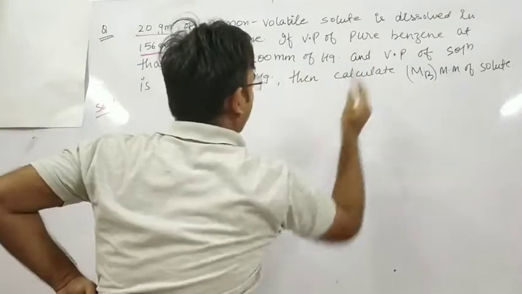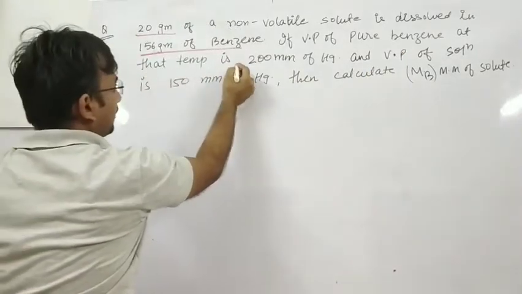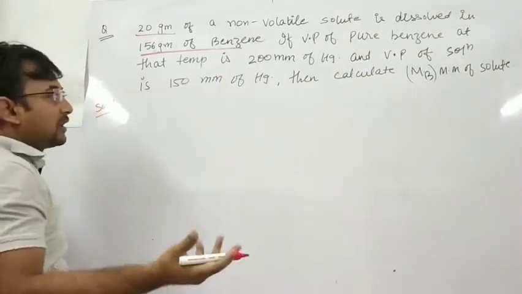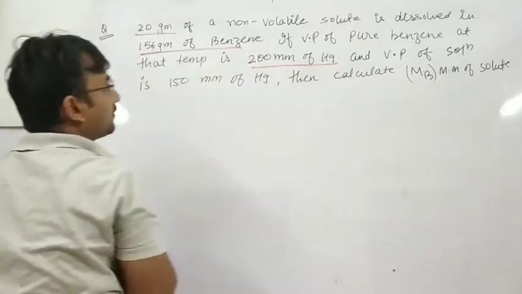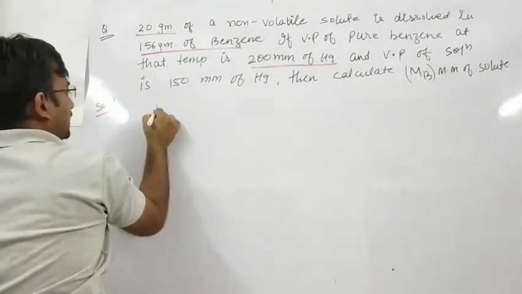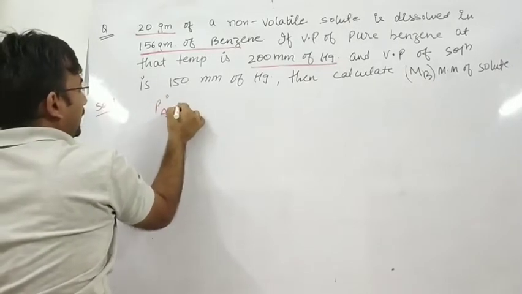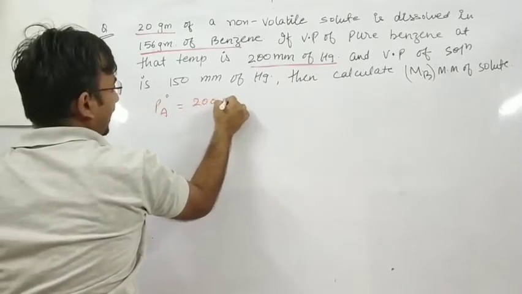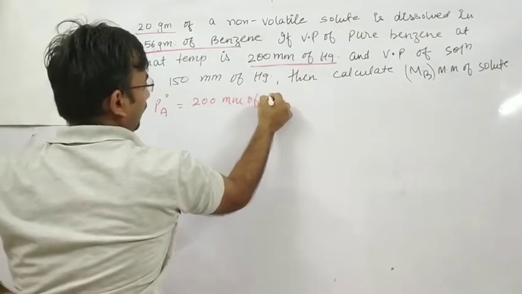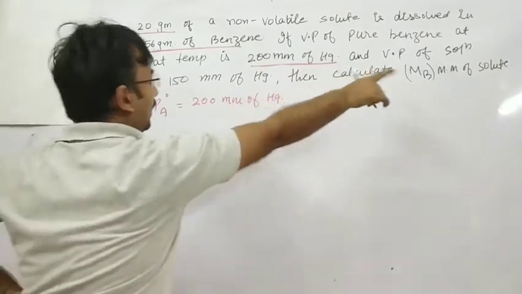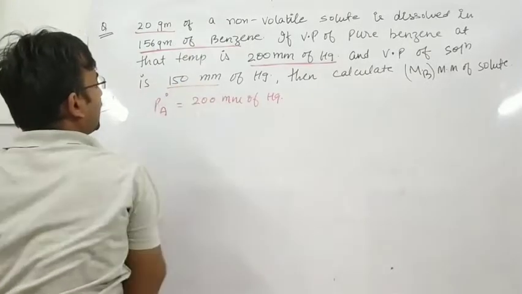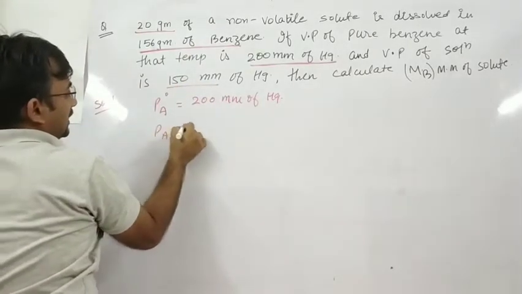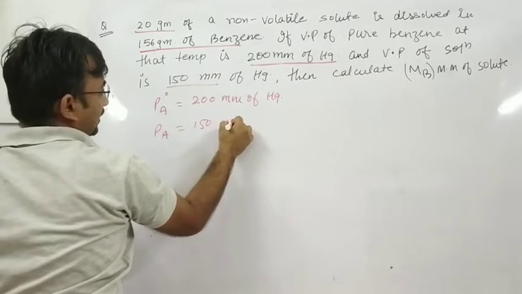If the vapor pressure of pure benzene at a fixed temperature is given as 200 mm of Hg in pure form, that means P naught A is 200 mm of Hg. And the vapor pressure of the solution is 150 mm of Hg, that means PA is 150 mm of Hg.